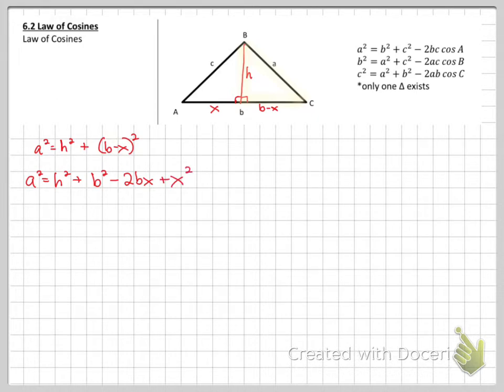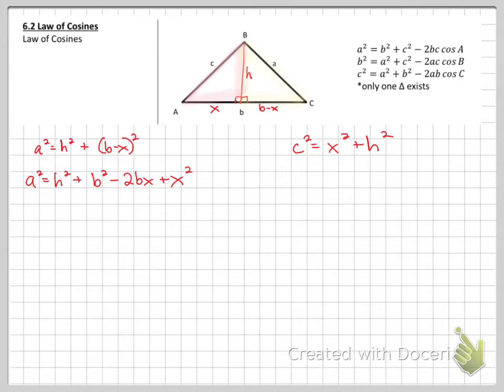Now if I look at the left side of the triangle, the left triangle, I should say, I can do Pythagorean theorem there as well. Hypotenuse equals leg squared plus leg squared. Well, remember, h was never actually part of this picture. I want to be able to get rid of that h and still be able to solve this.